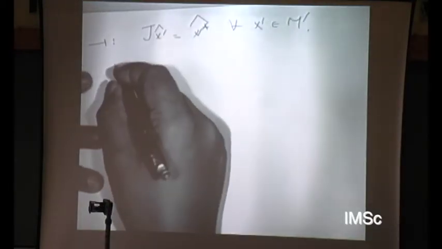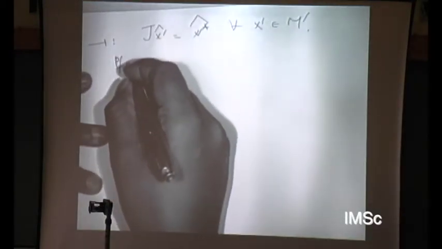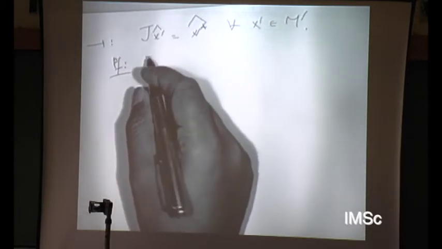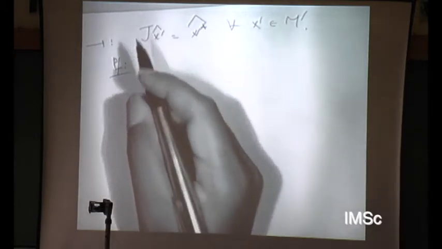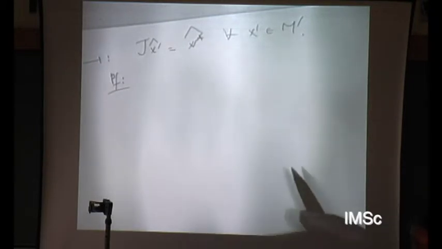Okay, so why is this true? I want to say the two vectors are the same. It is enough to say that their inner products with everything from a dense subspace are the same.